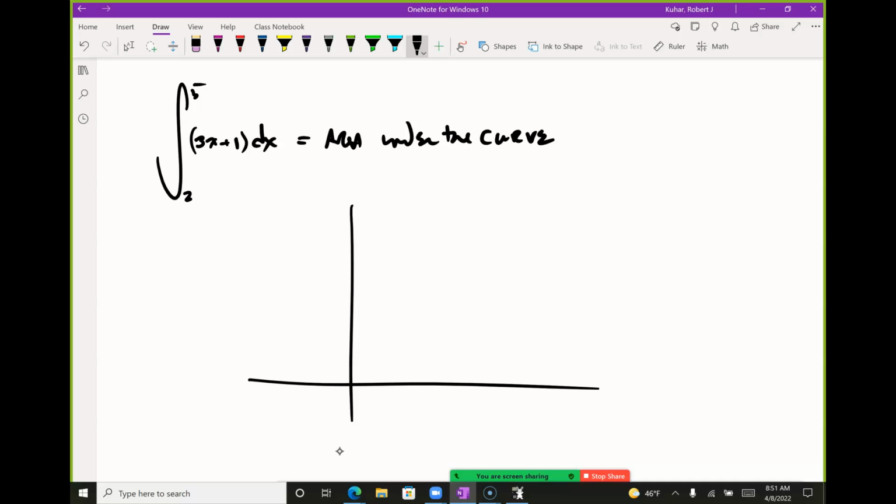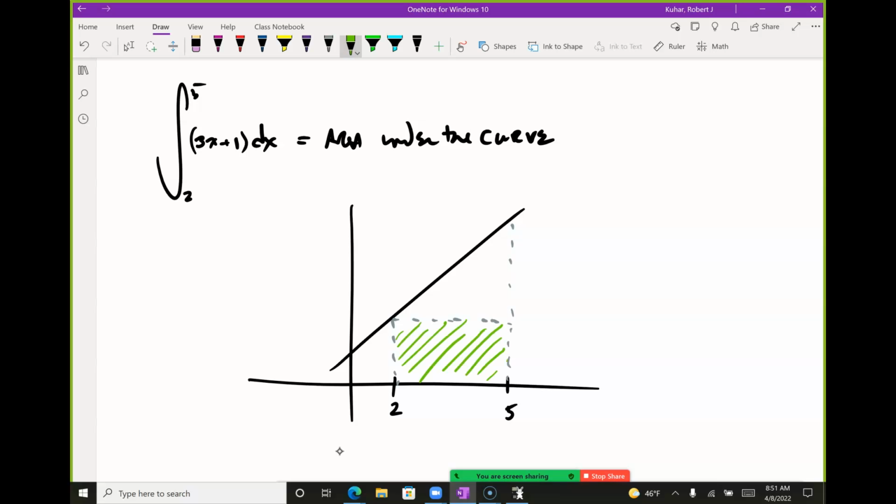So here's my 3x plus 1 from 2 to 5, and you can see that I'm getting an area underneath my curve that's split into two pieces. I've got the area of a rectangle, and I've got the area of a triangle. So this is going to be equal to the area of the rectangle plus the area of the triangle.